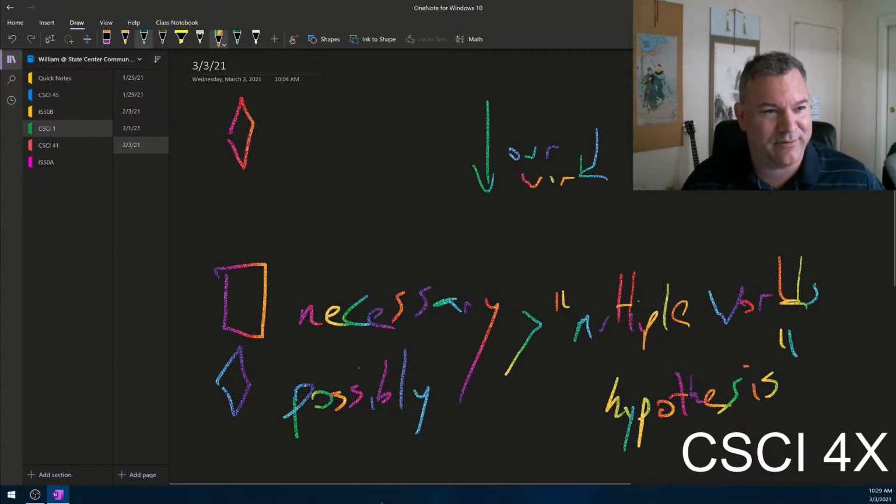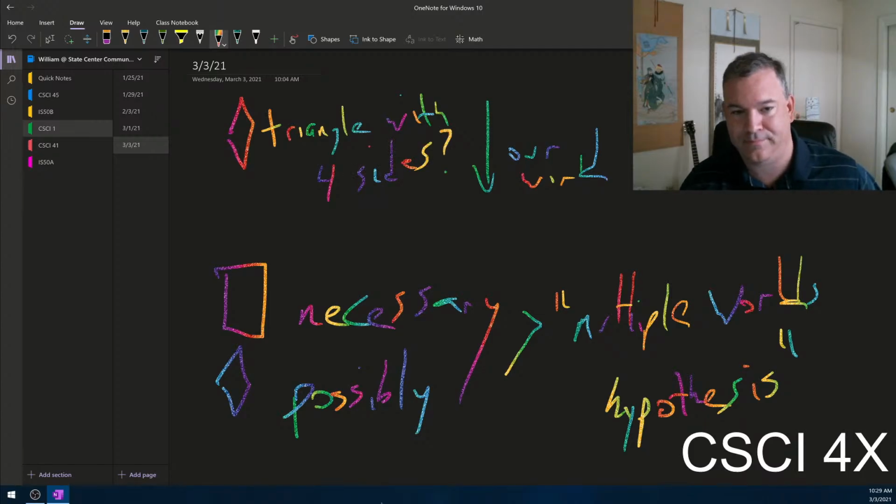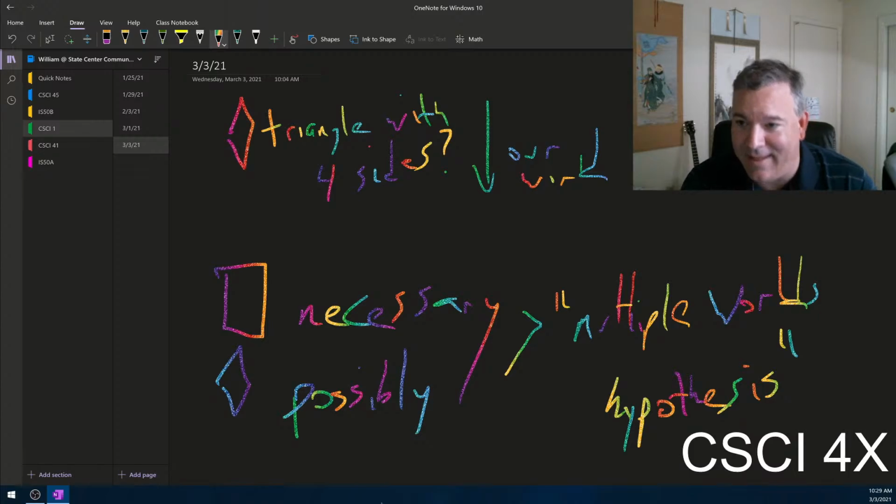Okay. Is it possible that there's a triangle with 4 sides? And again, we're not playing semantic games. We're not saying, well, in another universe, what they call triangles, we call squares. I'm not playing any of those semantic games with you guys.